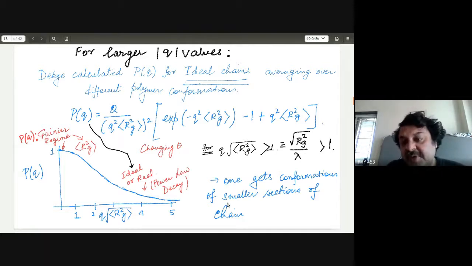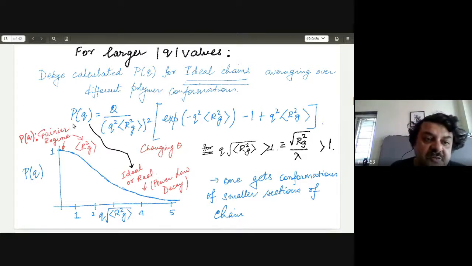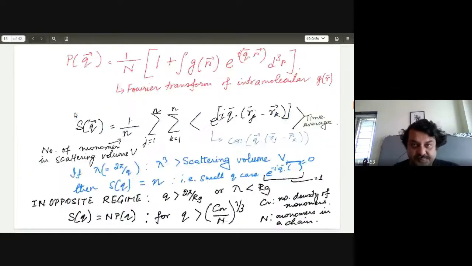Note that we have been talking about conformations of smaller sections of a chain or of a single chain. When we are talking about the structure of a single chain, or the internal structure of the chain, we typically talk about the form factor P(q).